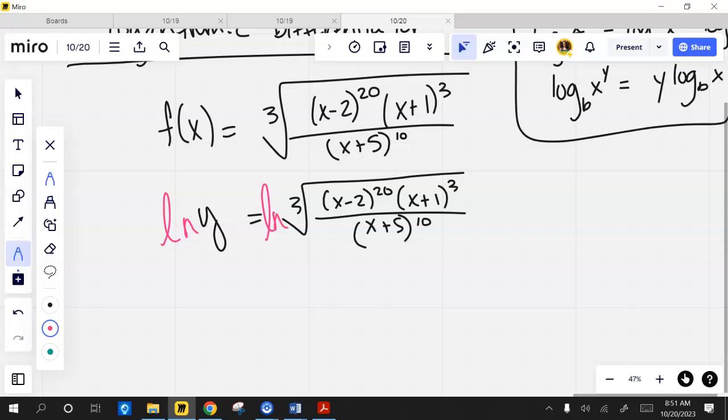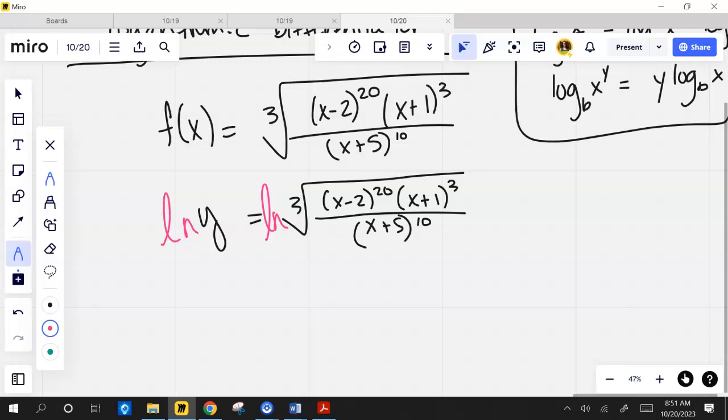I always do natural log because it's just easier, but it could be whichever you want because all the properties are the same. Do natural log because it's going to make our derivative easier. Now take the derivative of both sides.